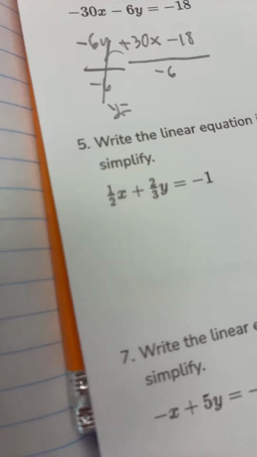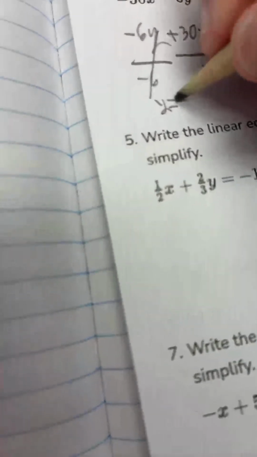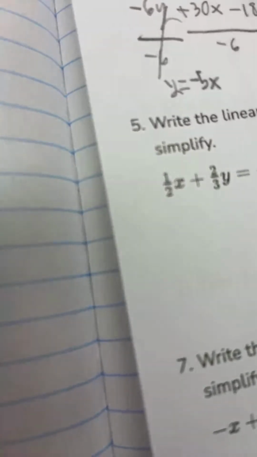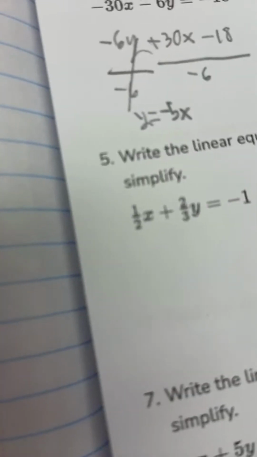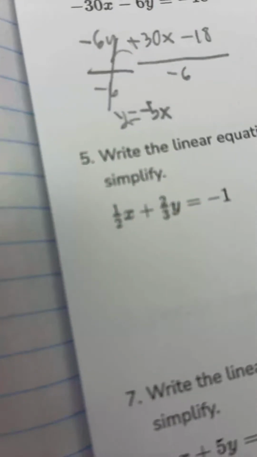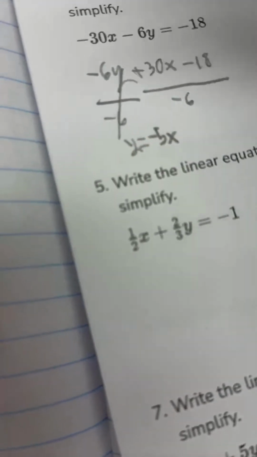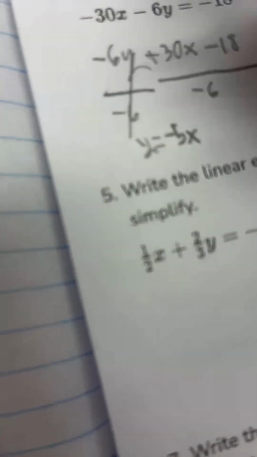Oh shoot. It's negative 5. Okay, I got you. Negative 18 is 3, so plus 3.